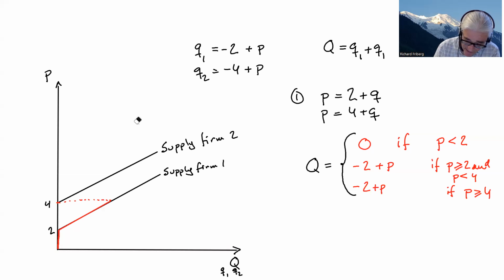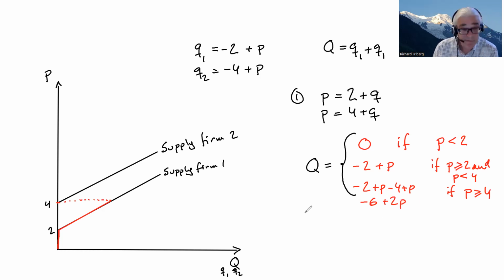So -2 plus P, which is supply from firm 1, plus -4 plus P, which is supply from firm 2, or -6 plus 2P.